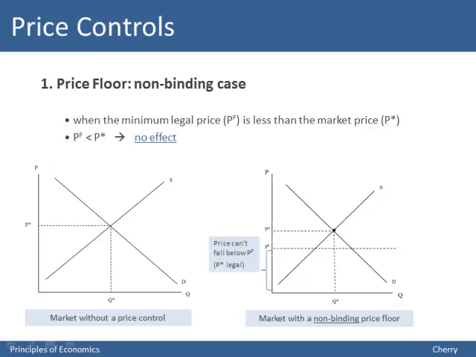And then we impose a price floor that is below the market price. Everything below that floor is illegal, everything above that floor is legal, and the market price is above the floor. That means the floor has no effect on the price. In the non-binding case, you still end up at P star and Q star at the market equilibrium.